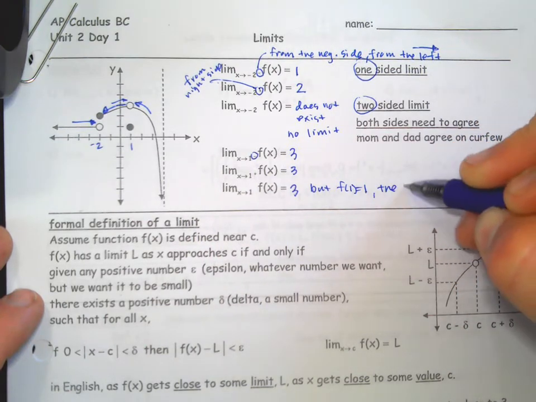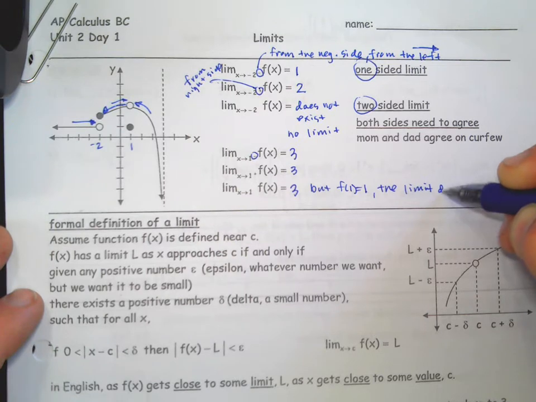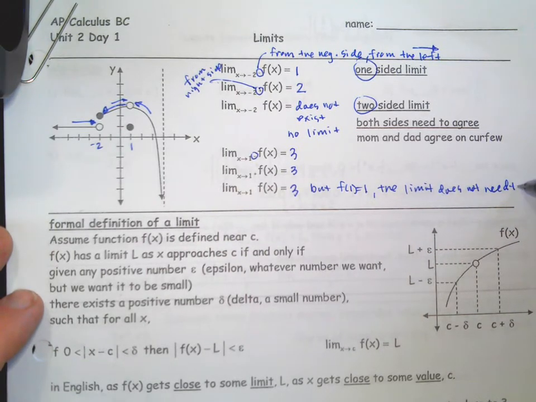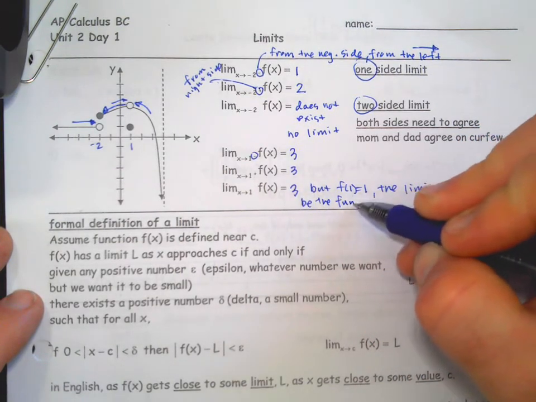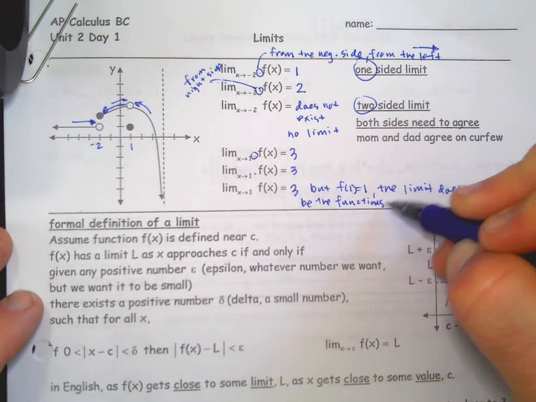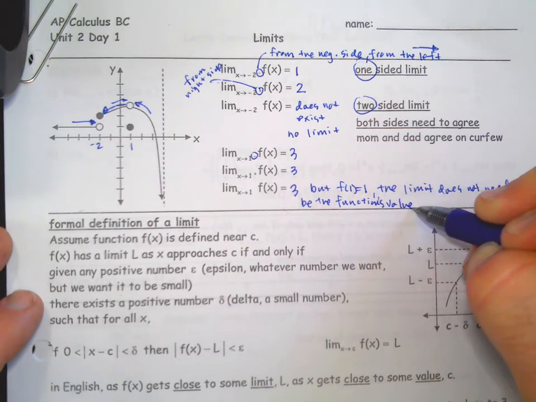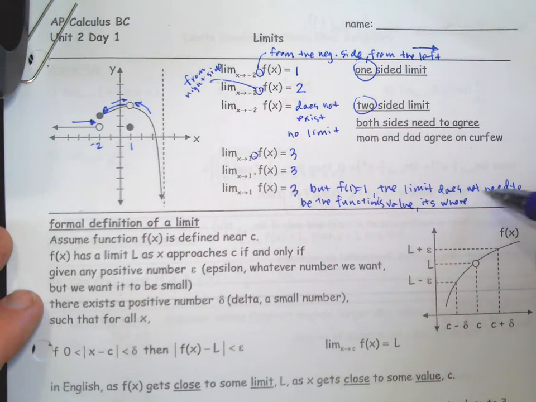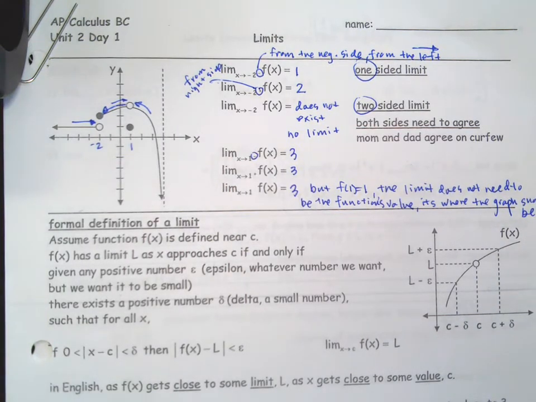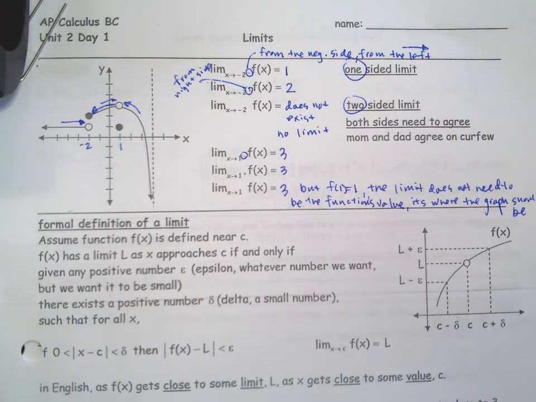So the limit does not need to be the function's value there. It's where the graph should be, where it looks like it's going.